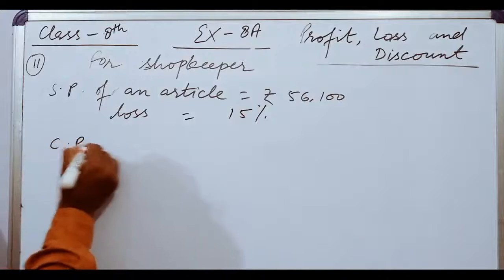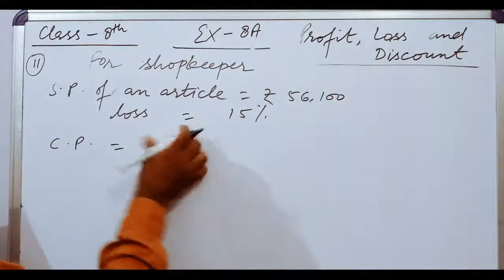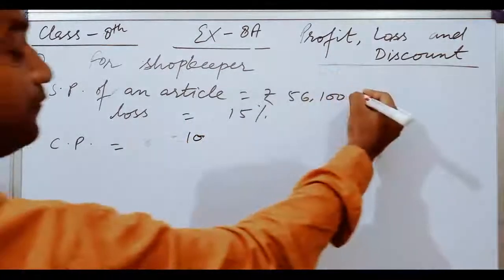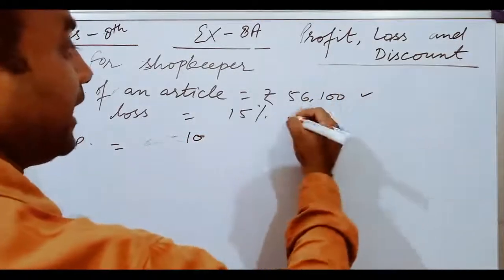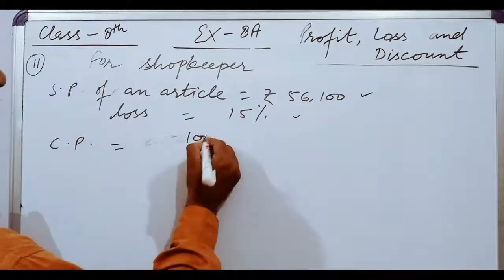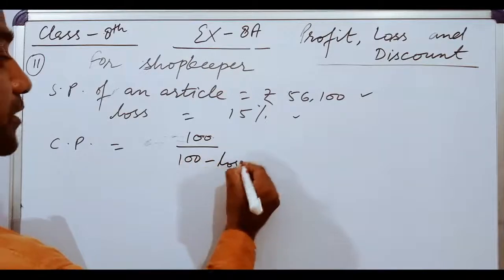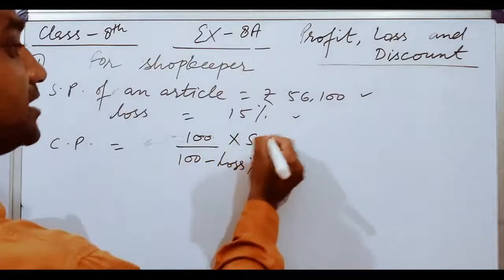Then CP for the shopkeeper equal to, if SP and profit percent or loss percent both are given, then CP equal to 100 upon 100 minus loss percent into SP.